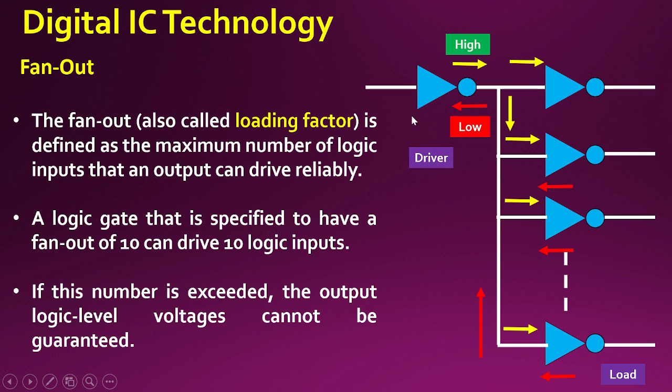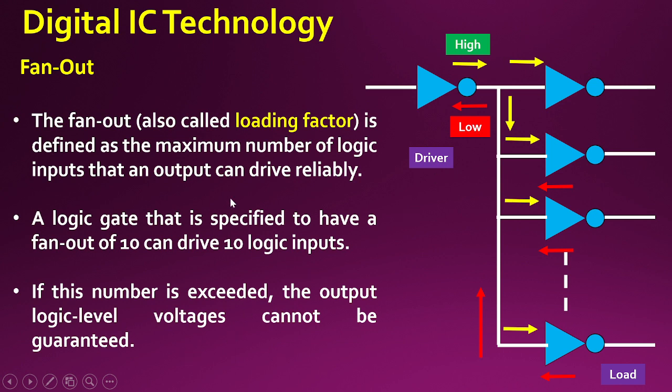Under the situation when it is low, it should be capable of handling that 4 milliampere also. Only when it is capable of driving 4 in the high state, and also capable of taking 4 when the output is low, will we call that fan out.